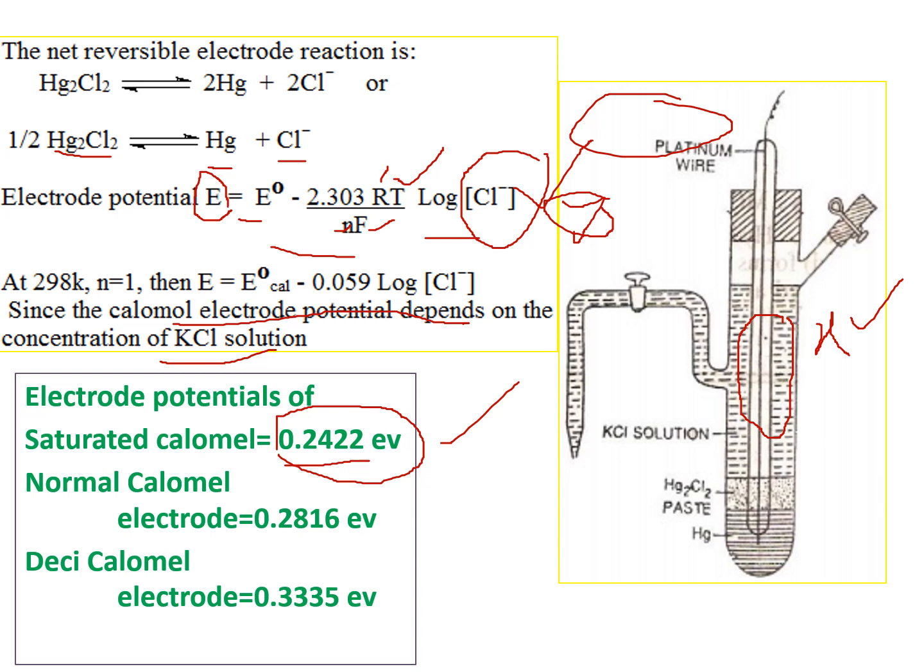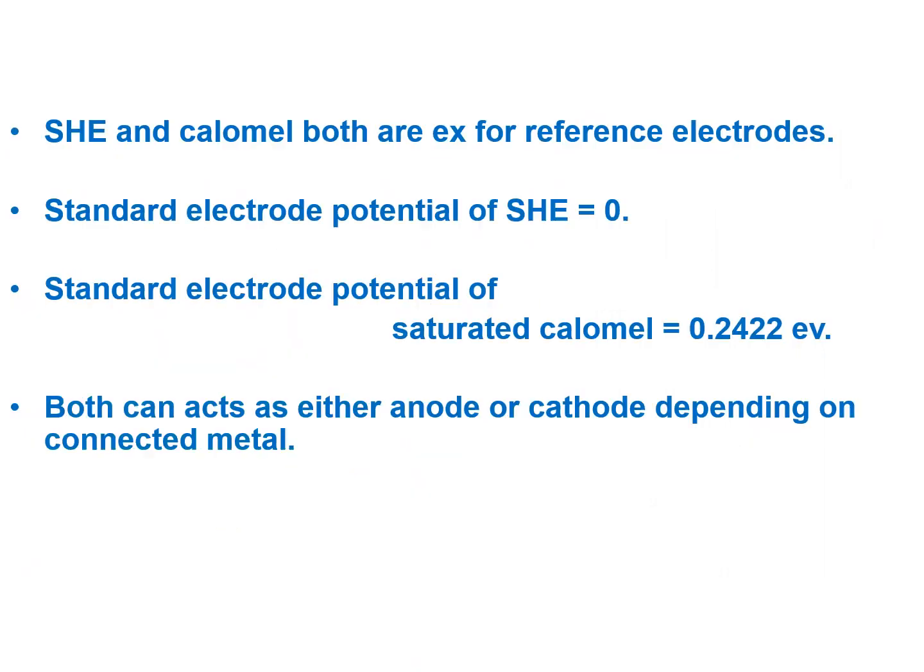No need to maintain pressure, no need to maintain the concentration of any solution. So it is very comfortable to use in different conditions compared to the SHE. That's why the calomel electrode is used over the SHE in different experimental situations.